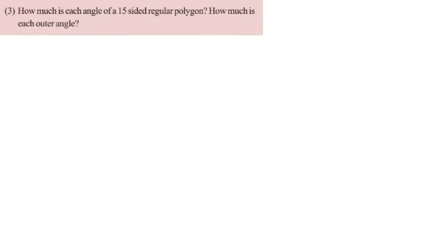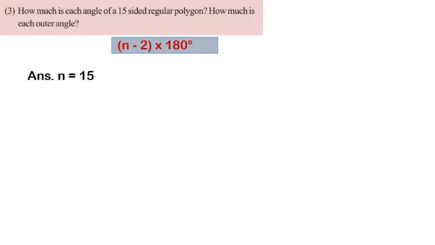Question number 3. How much is each angle of a 15-sided regular polygon? How much is each outer angle? For finding the outer angle, first let us see the sum of angles. Children, what is the sum of angles of any polygon? Yes, (n minus 2) into 180 degree. Here we know n equal to 15, that is given in the question.